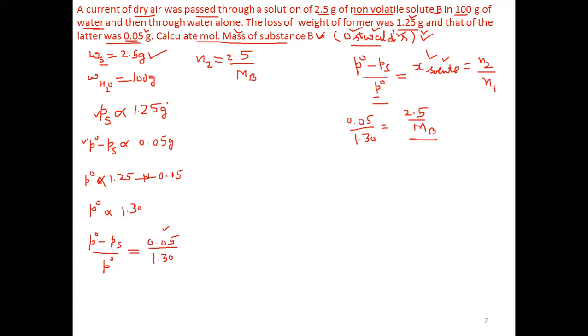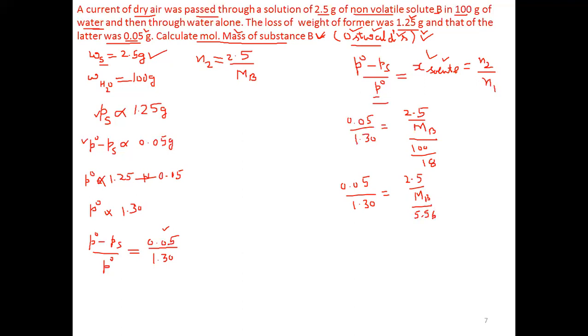Water is 100 gram, divided by its molecular weight of 18. So we can write 0.05 divided by 1.30 is equal to 2.5 divided by MB divided by 5.56.